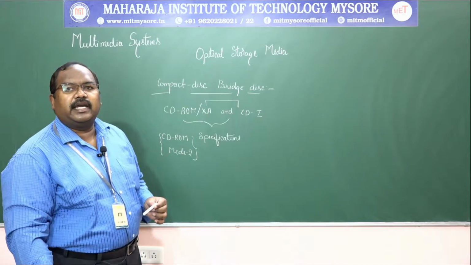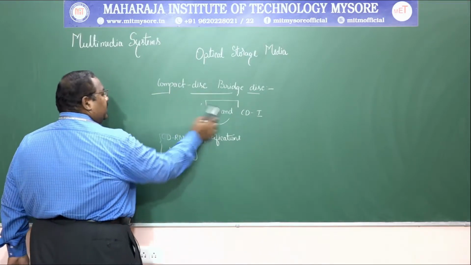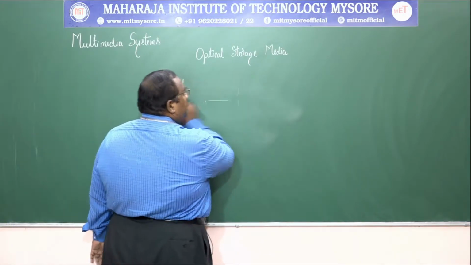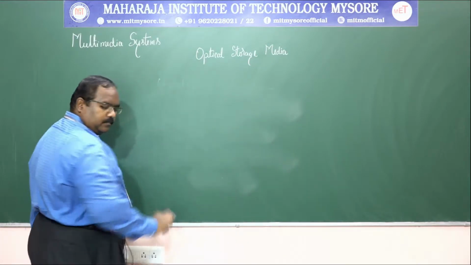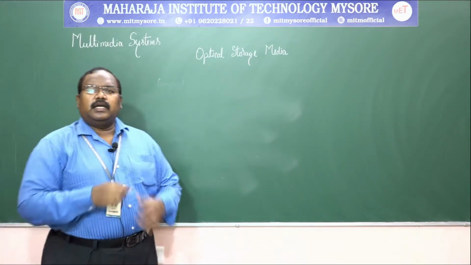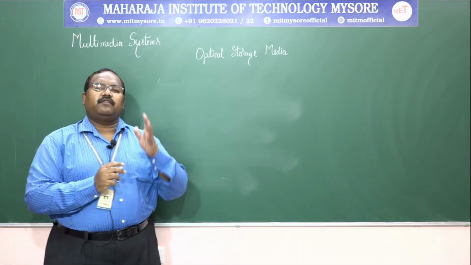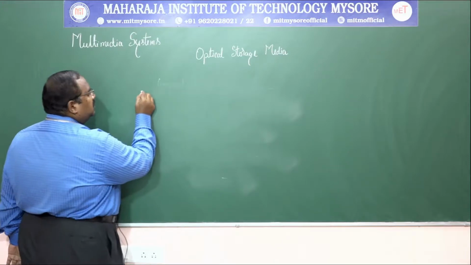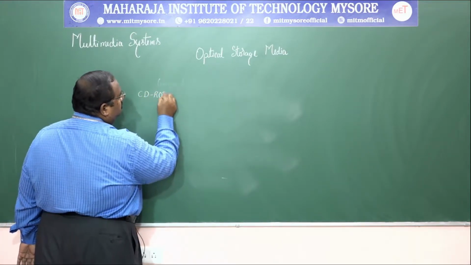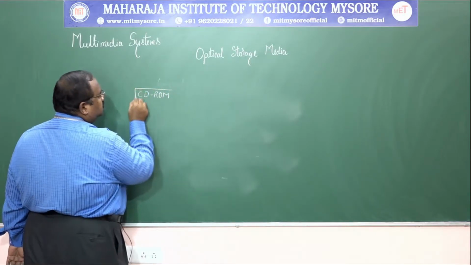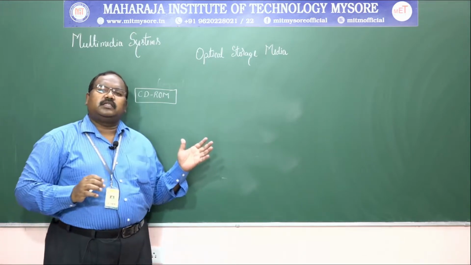Let us look into the diagram that explains very clearly the compact disc bridge. Earlier, when we started talking about the technology, the first thing we saw was the CD-ROM. So what does CD-ROM do?